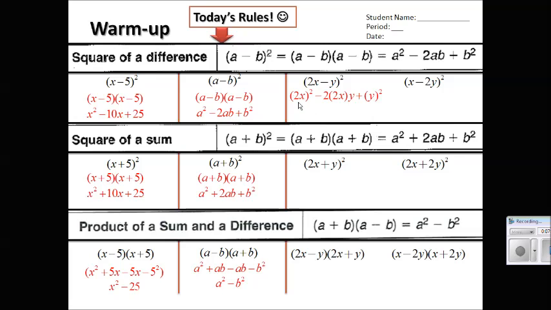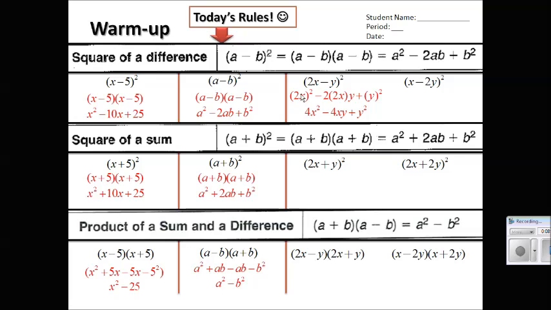So I take the a, 2x, I take the b, y, and then I figure out my middle, 2 times a times b. So if you can identify the a part of the equation and the b part of the equation, you can go straight to the answer. Boom.